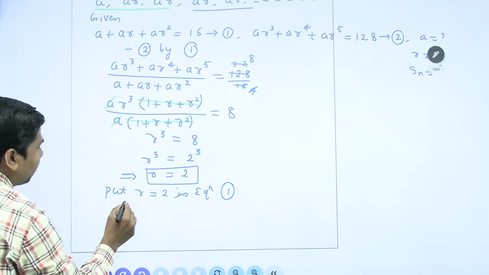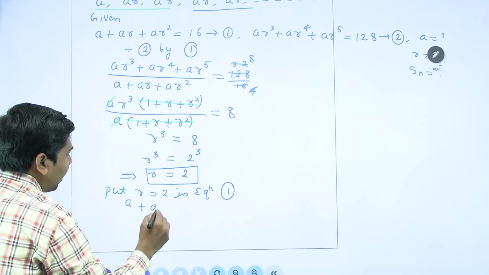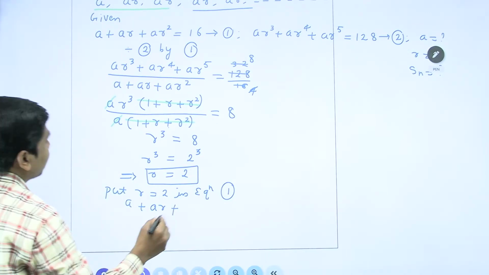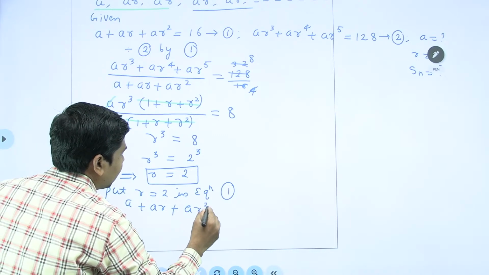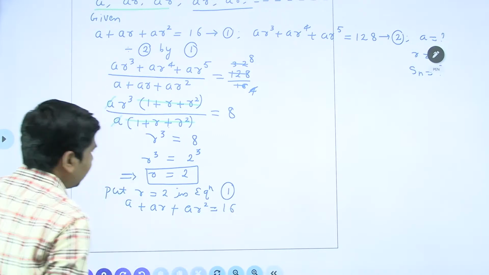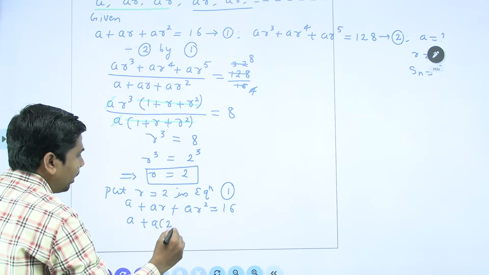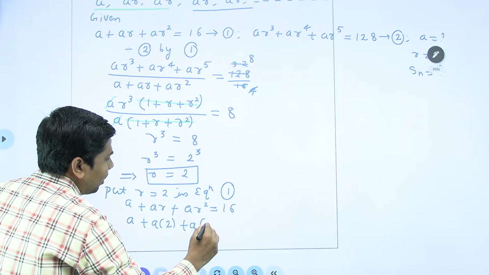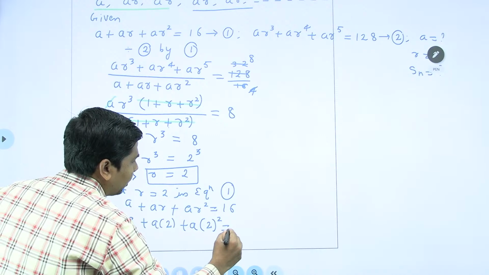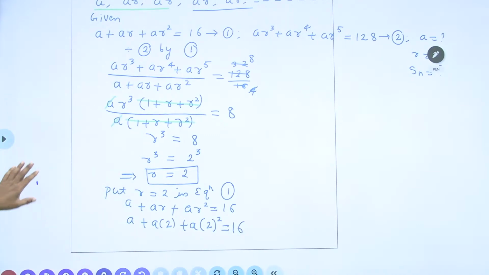a plus ar plus ar square equal to 16. With r equal to 2: a plus a into 2 plus a into 2 square equal to 16.